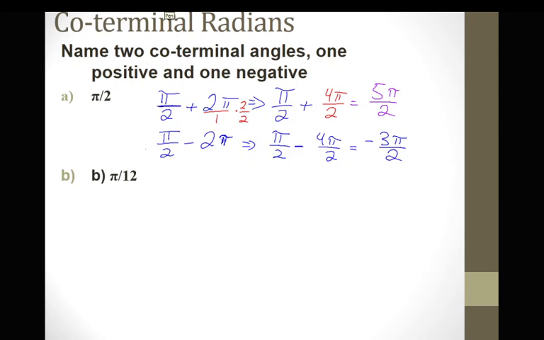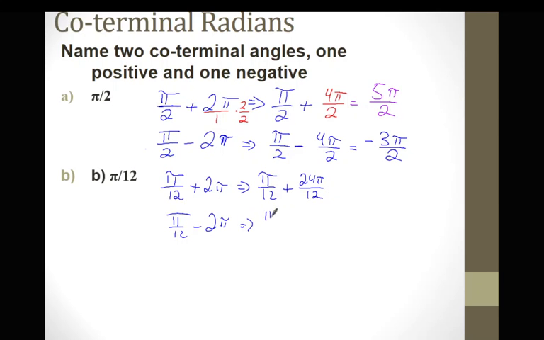The next one, pi over 12. Okay? So we start by taking pi over 12 and adding 2 pi, and taking pi over 12 and subtracting 2 pi. Same thing. Before I can do that, I got to get common denominators. So I get pi over 12 plus 24 pi over 12, because you got to multiply the top and the bottom by 12.